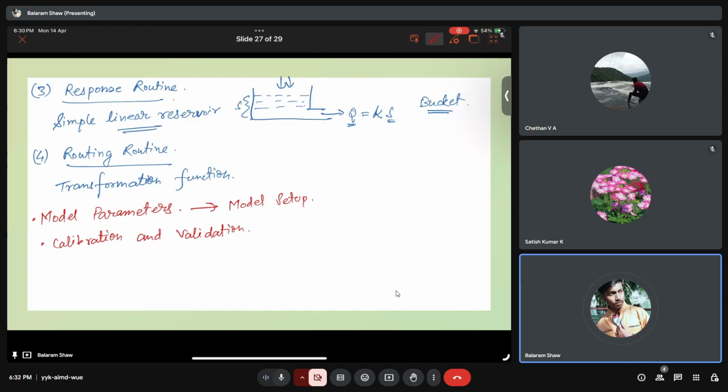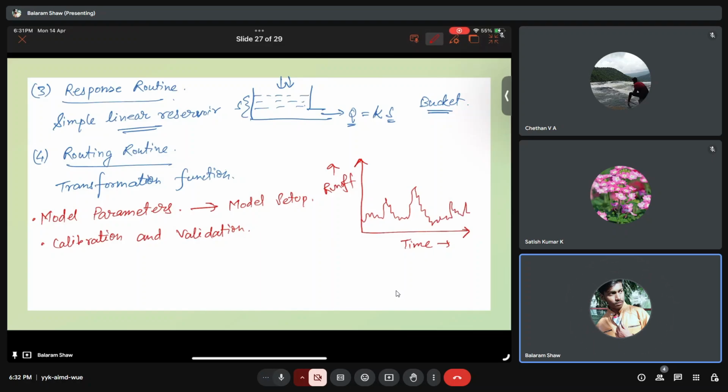Other than that, if you plot the simulated runoff and the observed runoff that you have, you can just visually see, okay, this much difference we have. This means the model is not capturing the runoff. So let's say this is the monthly runoff over time, and the observed runoff is something like this.